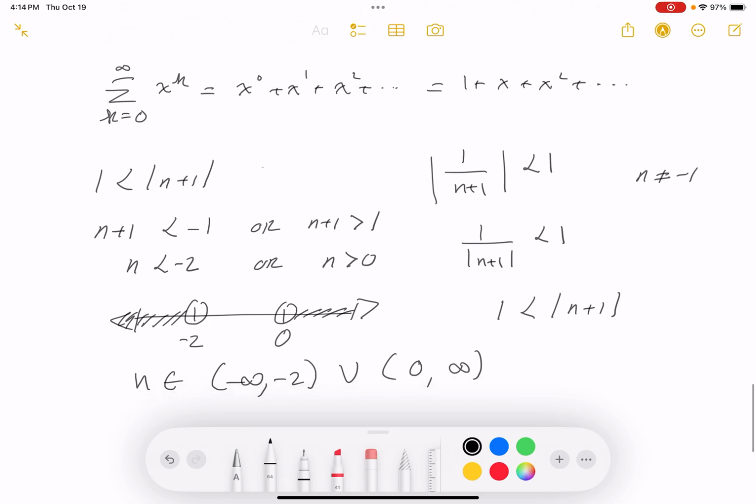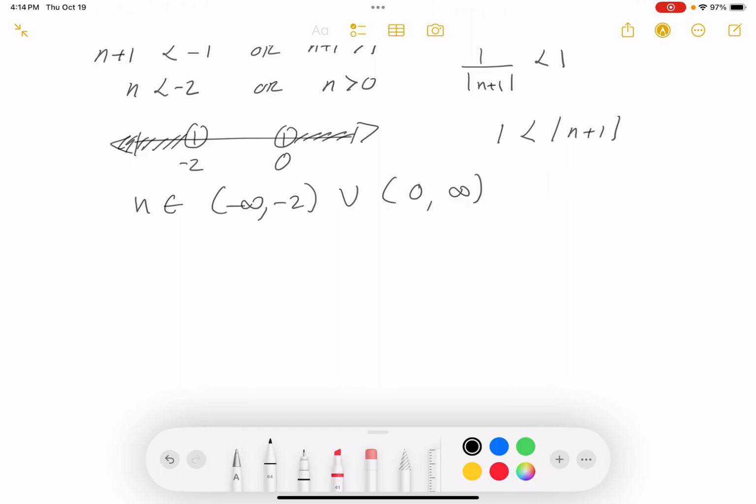Now what's the sum? Let's write this down. Right, and this often, people say, what's the sum? If I had the sum, k equals 0 to infinity of this thing over here, which is 1 over n plus 1 to the kth power, that would be 1 over 1 minus the common ratio.